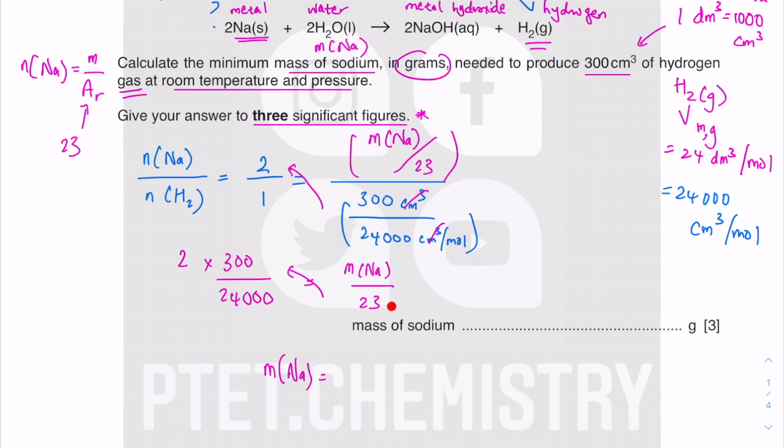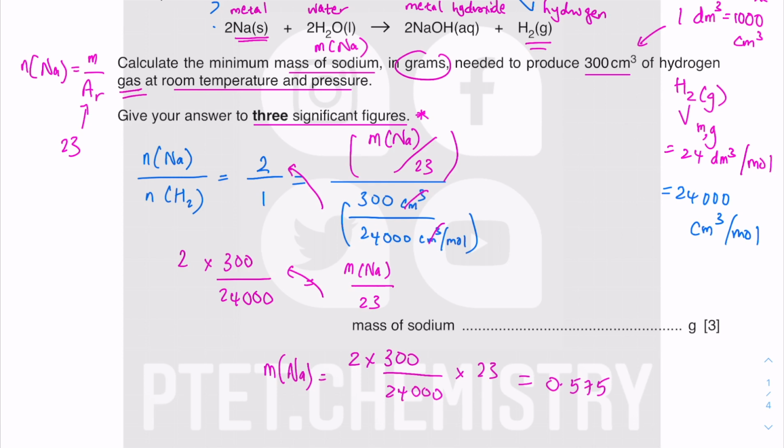This is divided by 23, so when I move up the 23, it becomes multiplied by 23. Before I come up to the final thing on my calculator, I would always try and rearrange everything first before I put everything into my calculator and get my final answer. So I get my final answer as 0.575.